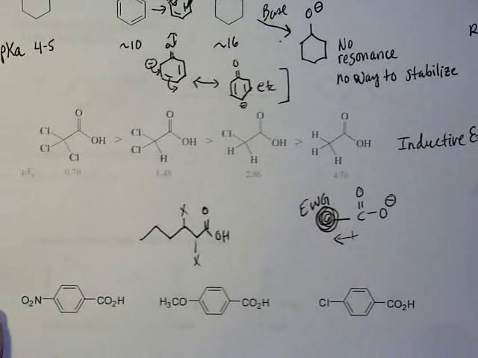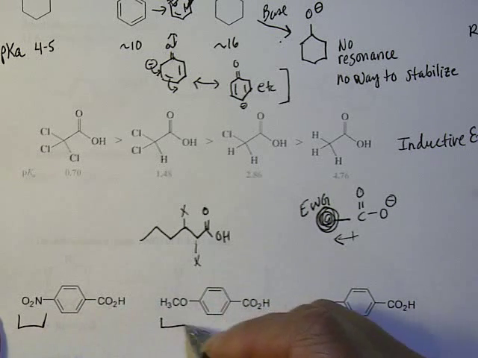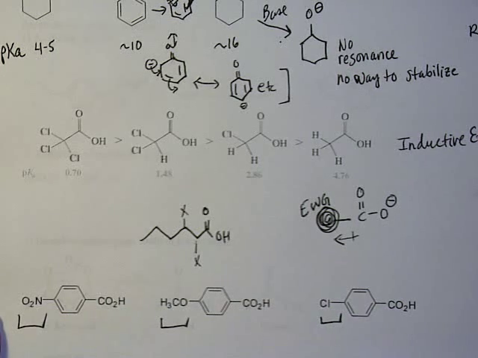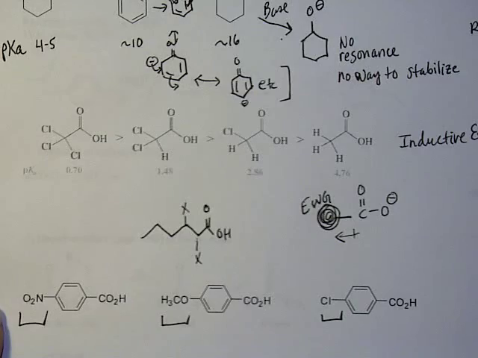All right, and the last trend that I want you to take a look at is in benzoic acid. So once again, you have benzoic acid in all 3 cases. The only difference is on the para position, the substituents that are attached to the benzene ring. All right, and it seems like it should be too far away to have an effect, but you know from the aromatic chemistry chapter that the substituents on the benzene ring do have an effect through resonance.